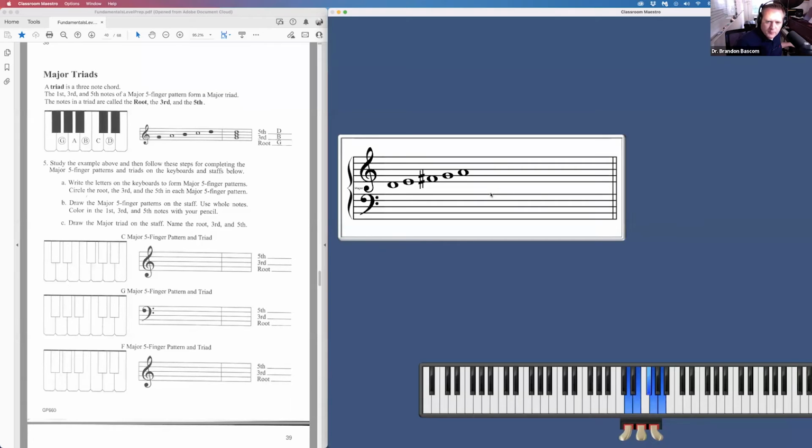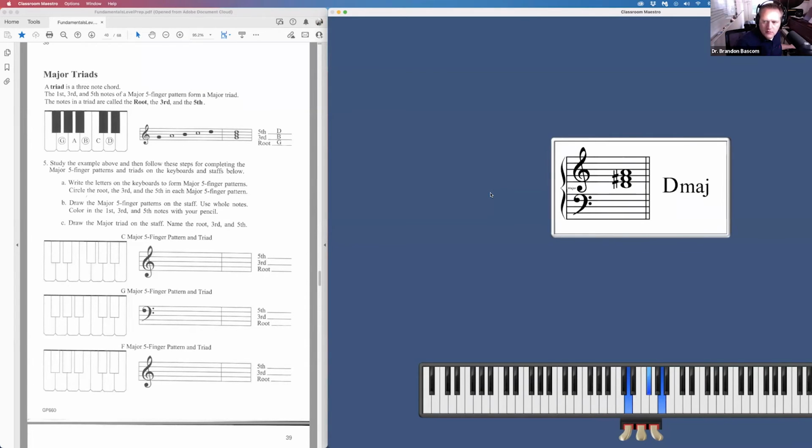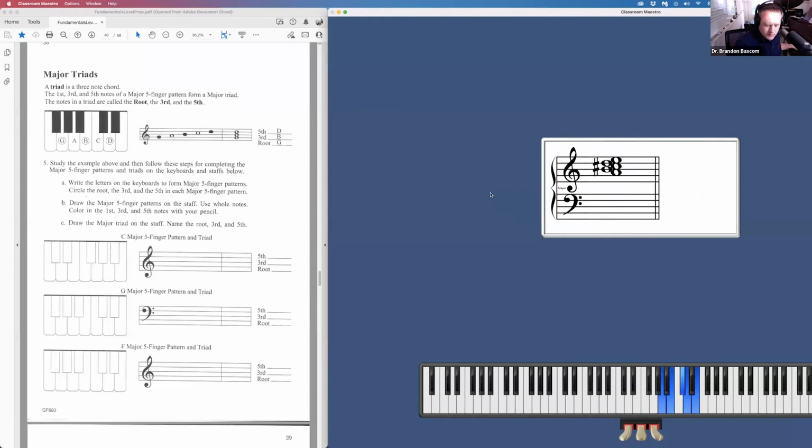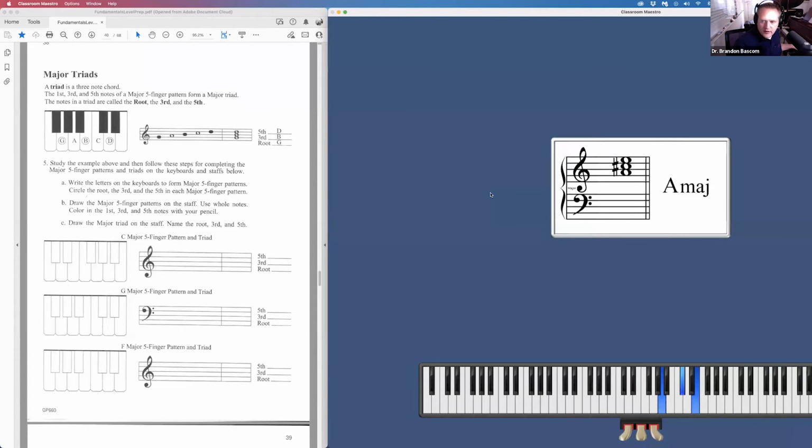Take my 5-finger pattern, take the second and the fourth out, and I've got a chord, a triad.